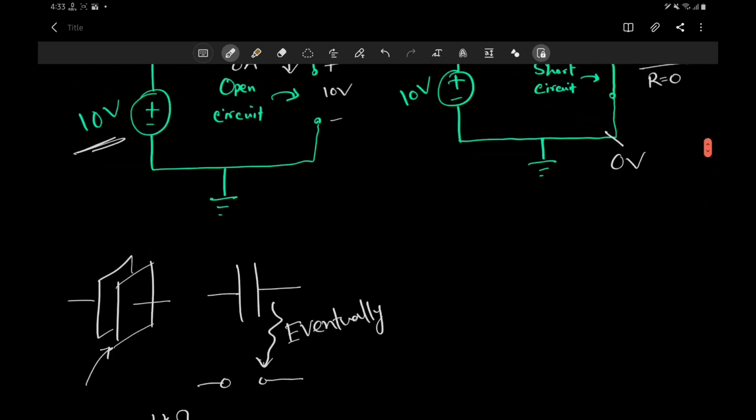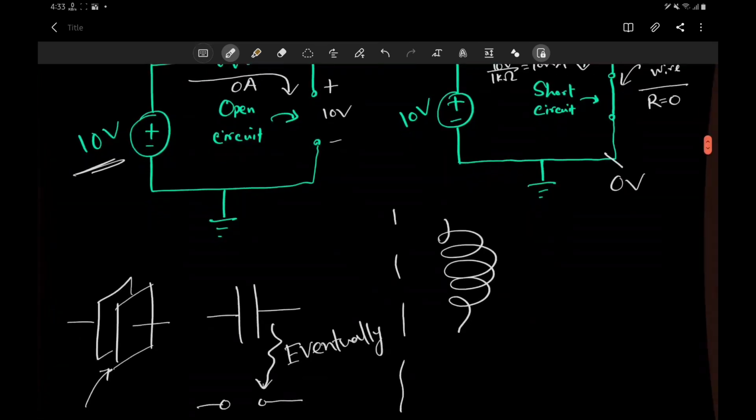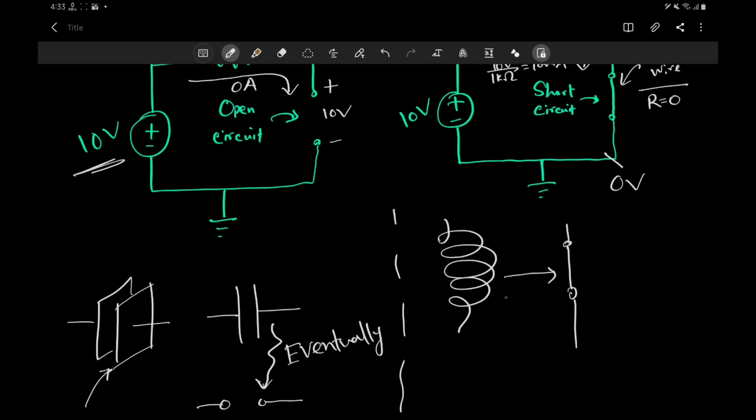On the other hand, you have inductors. If you remember, an inductor is basically a piece of wire, a coil of wire, but nonetheless a piece of wire. So this also eventually becomes a short circuit.